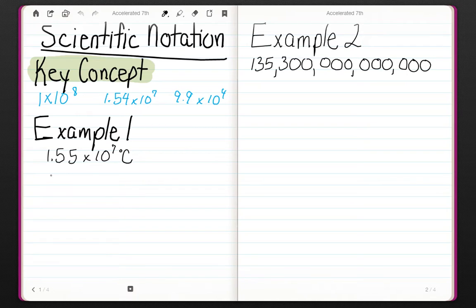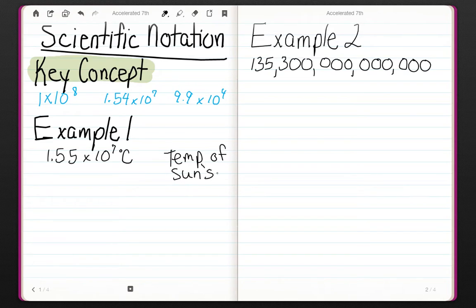Example 1. 1.55 times 10 to the 7th degrees Celsius. This represents, in scientific notation, the temperature of the sun's core.